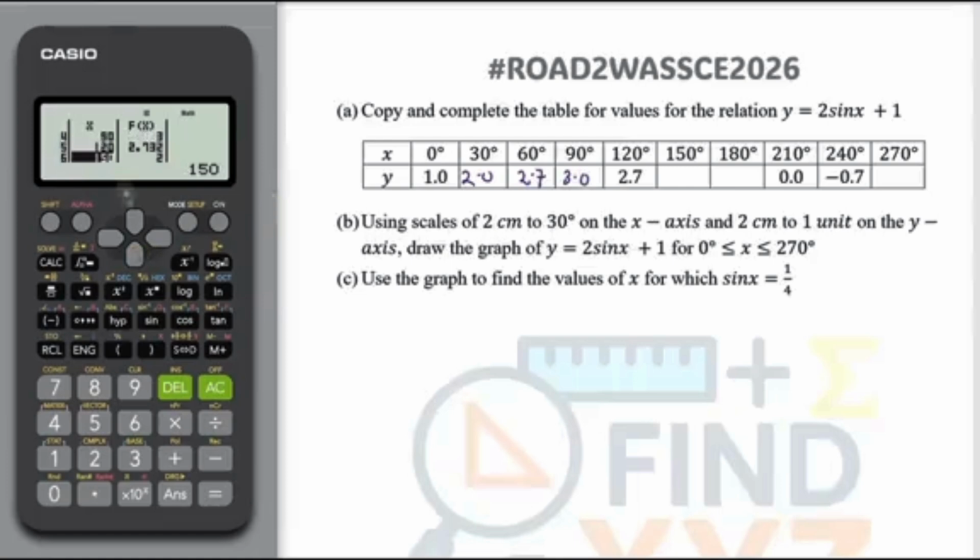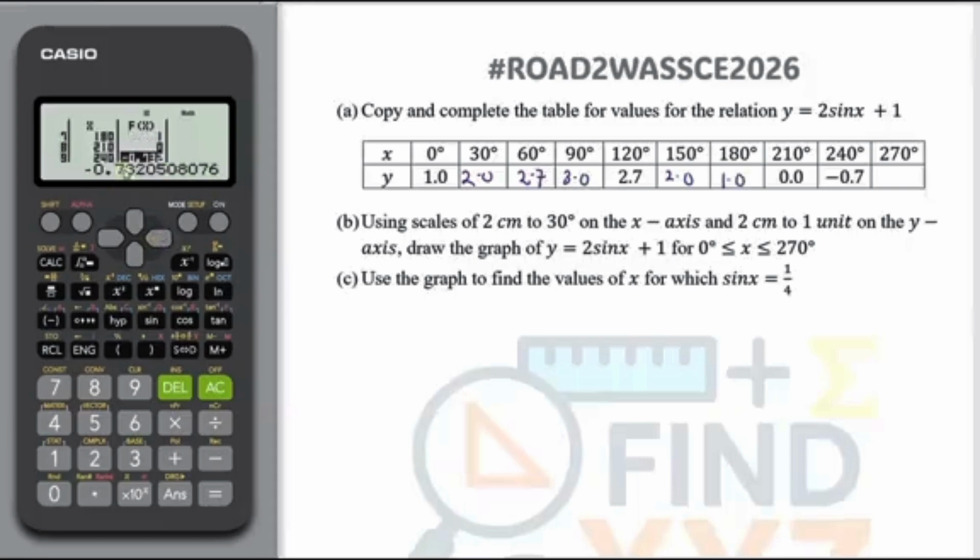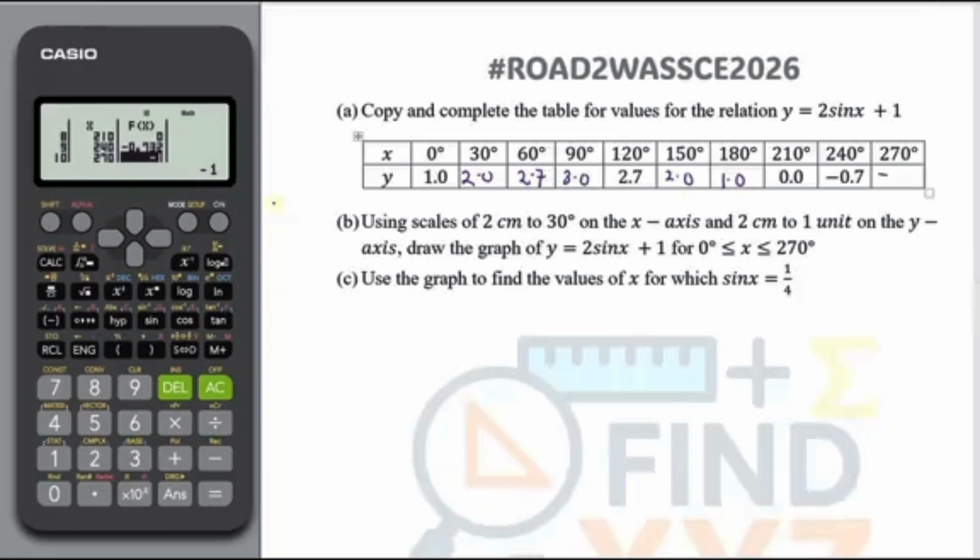Then 150 is giving us 2.0. Then 180 is giving us 1.0. Then 210 is giving us 0.0, which has already been given. Then 240 is giving us negative 0.7, which has already been given. Finally 270 is giving us negative 1.0. So we are done with the table.